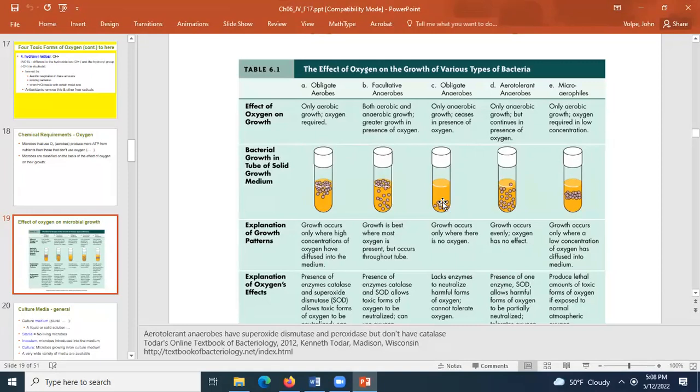But that's how the media is when it first comes out of the autoclave. The trouble is, oxygen is in the air, and assuming this cap is loose, oxygen can come into the tube, and then we will have an oxygen gradient in the thioglycolate tube. Where the heck is thioglycolate on here? I don't know.